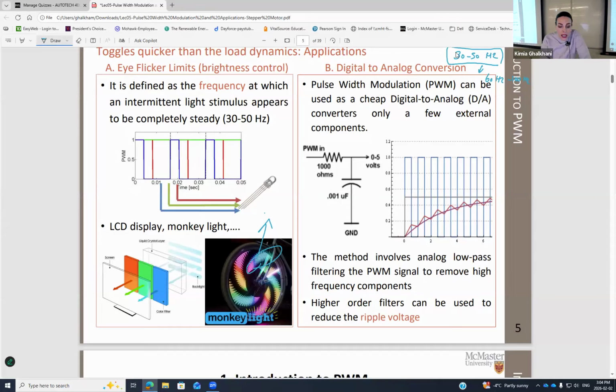Another application is the digital to analog. We already had digital to analog weeks back. So then we have logic high. This is logic high or 1. And then we have logic low or 0. And we want it to be shown as a continuous signal, like this one. So we use a simple resistor and capacitor.